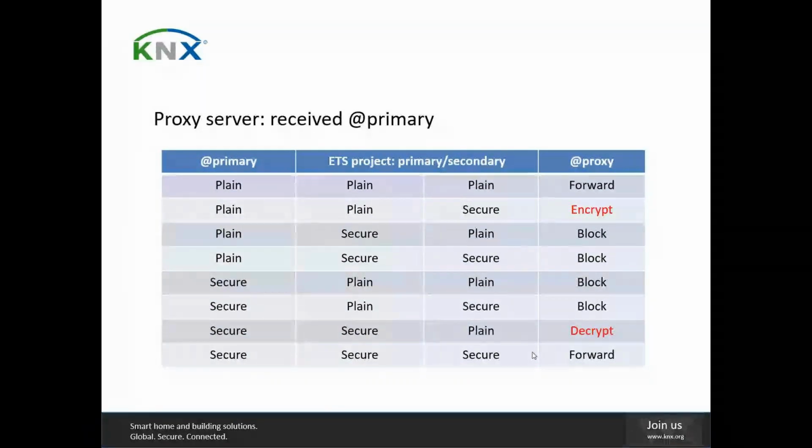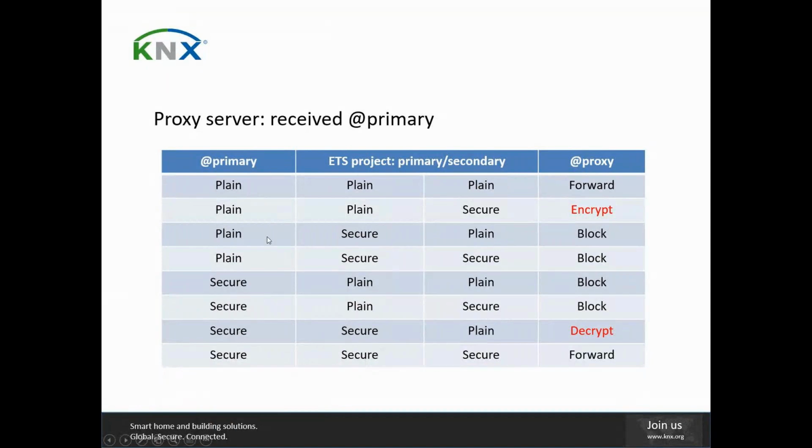So first case, let's suppose that the received telegram is received at the primary side of the proxy server. So we need to first of all distinguish whether the received telegram is a plain one or a secure one.